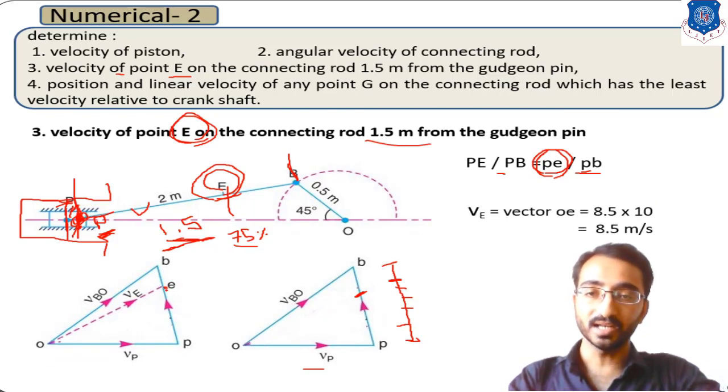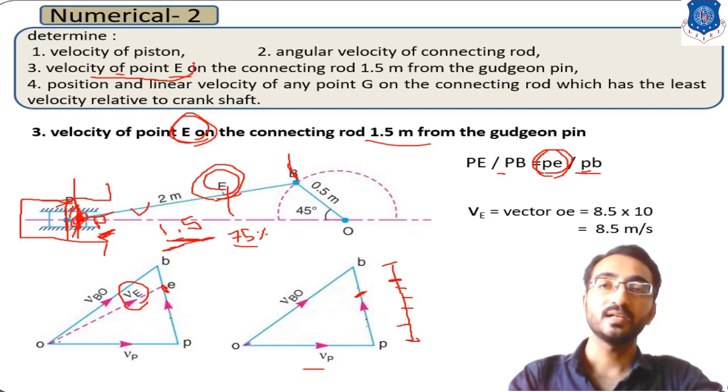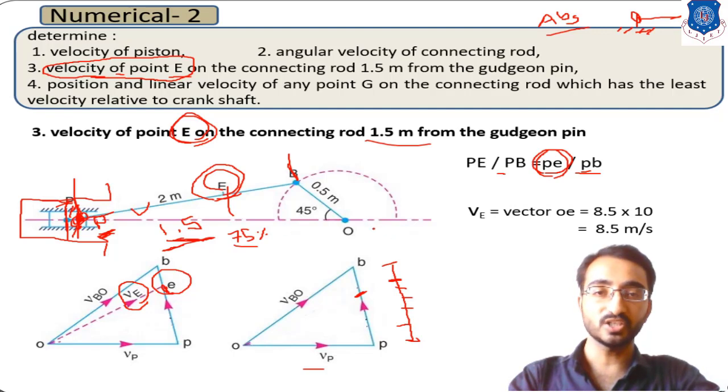Now if you want to calculate the velocity of point E, whenever it is asked to calculate the velocity of any point, you have to always calculate the absolute velocity. Absolute velocity is the velocity measured with reference to a fixed point. So the velocity of point E with reference to the fixation, that is point O, is measured as the line OE.